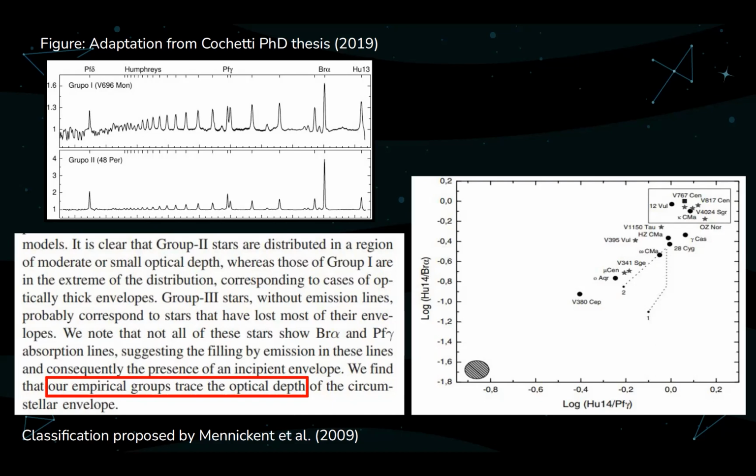Here are the group 1 and group 2 stars. This region is closer to an optically thick approximation, and this region is closer to an optically thin approximation. So the position in these diagrams gives us information about the optical depth of the envelope. So group 1 are optically thick, and group 2 are optically thin. So we classified our observations with this criteria.